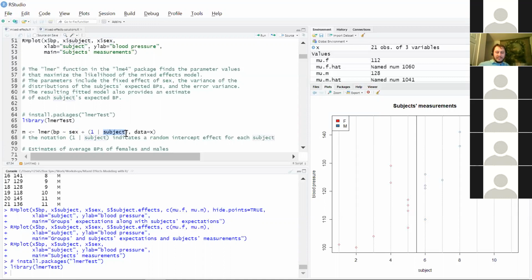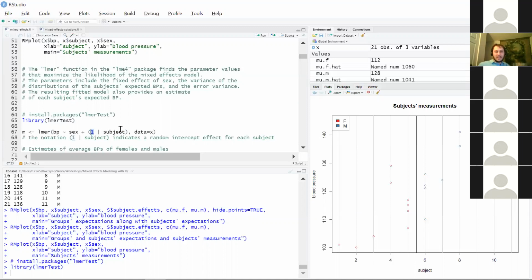But each subject gets their own random effect for intercept. We're not saying each subject has their own intercept, because we've got parentheses. The parentheses means that each subject gets their own intercept. The 1 means intercept.